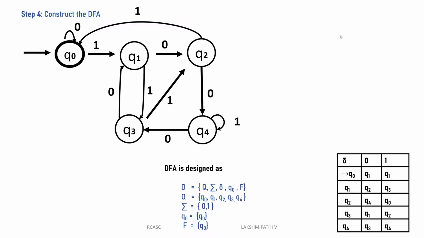Then according to this diagram, we can construct the transition table. 0 and 1 are the input symbols.